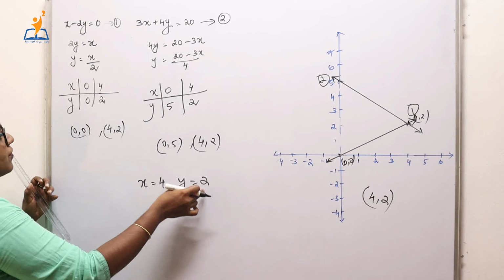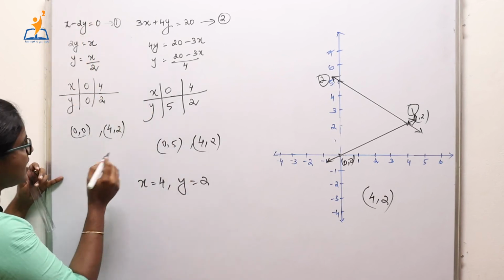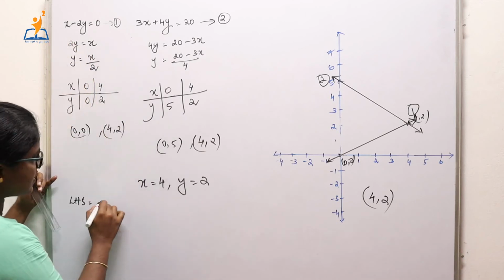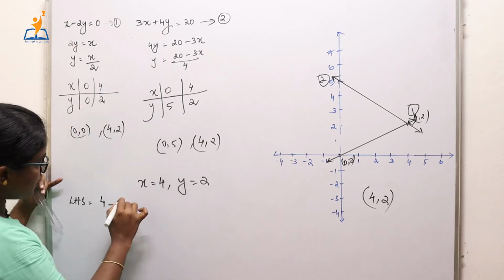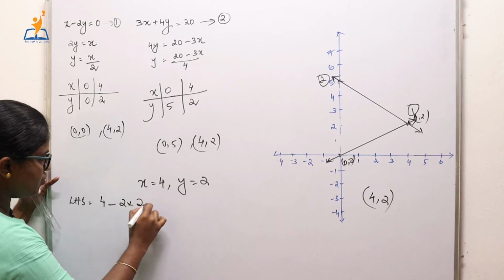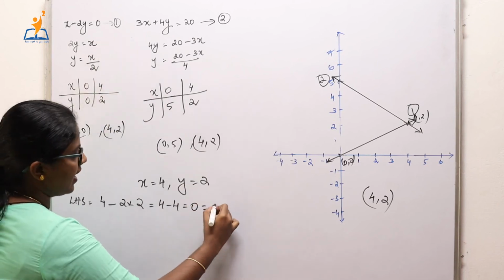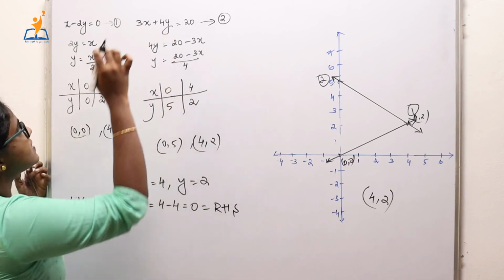Let's put x value 4 and y value 2 in this equation. Then the LHS becomes x, that is 4, minus 2 into y, that is 2 into 2, which means 4 minus 4, 0, which is our RHS. Now let's verify for this equation.